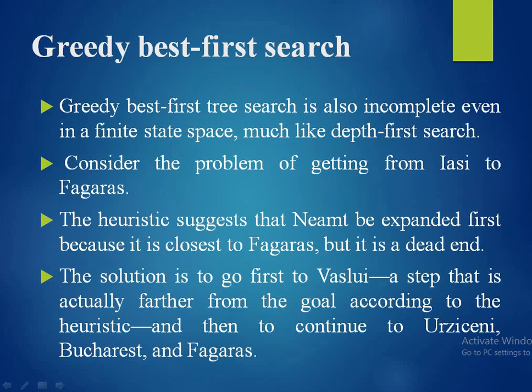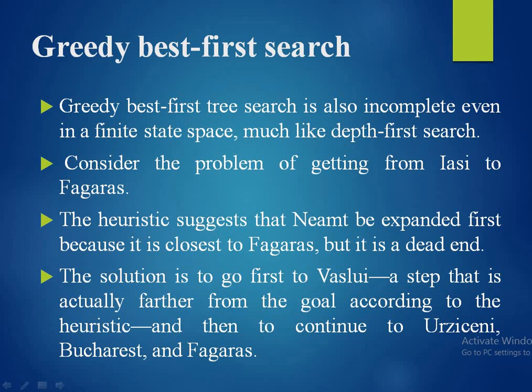The greedy best first tree search is also incomplete even in a finite state space, much like depth first search. Depth first search is a type of uninformed search. Consider the problem of getting from Iași to Făgăraș. The heuristic suggests that Neamț be expanded first because it is closest to Făgăraș, but it is a dead end.